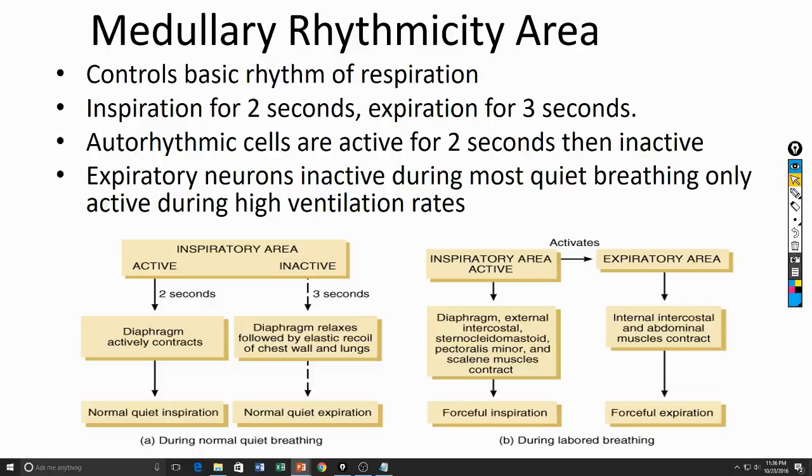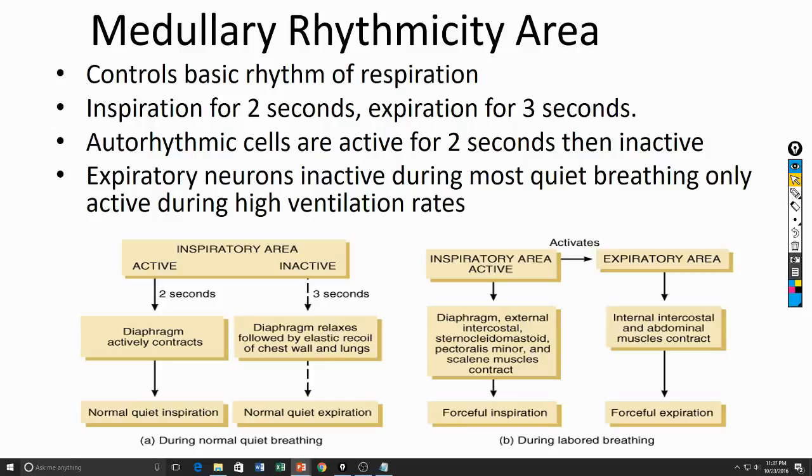These autorhythmic cells activate for about 2 seconds, and then afterwards they become inactive. That's the inspiration causing the diaphragm to contract, and afterwards the relaxation in these areas causes the diaphragm to relax. So when you're at rest, only the inspiratory area is actually active.